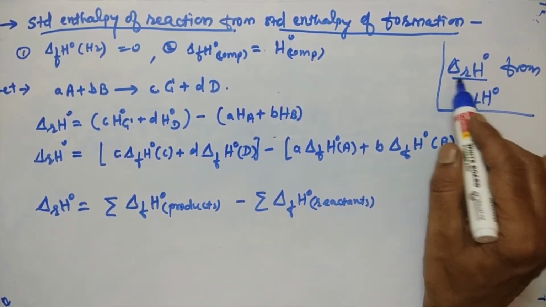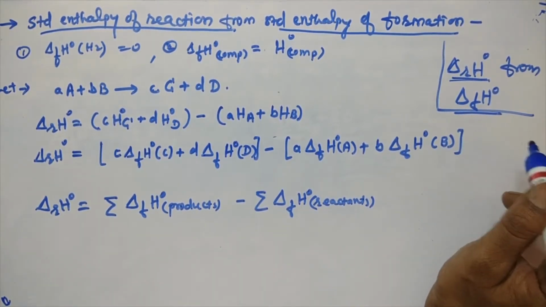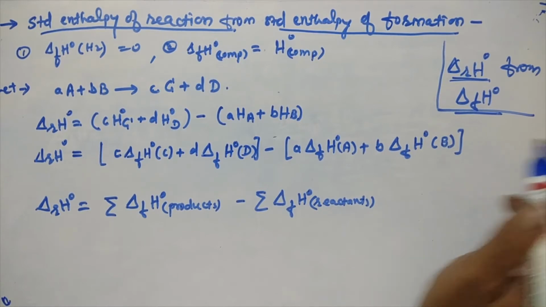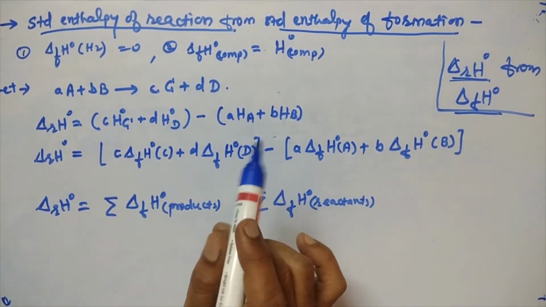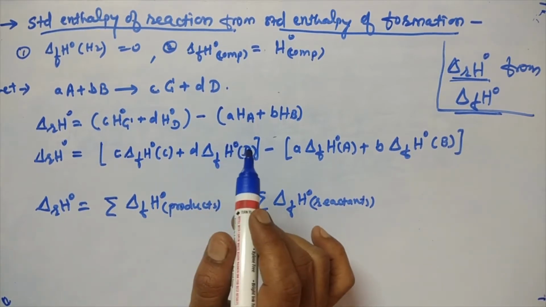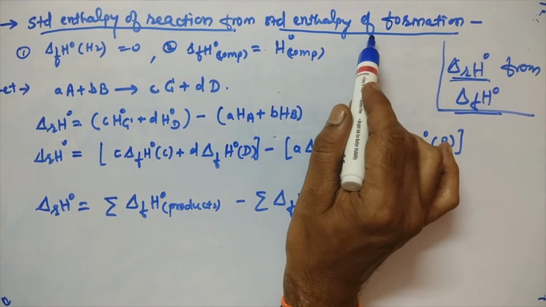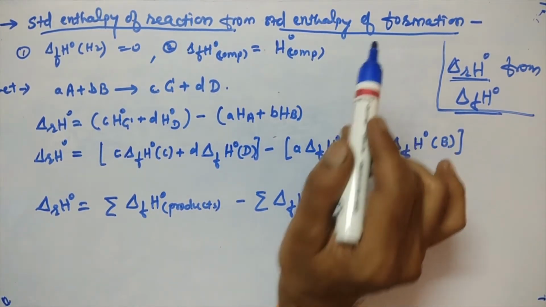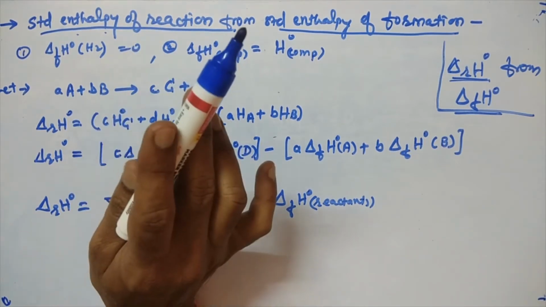In a chemical reaction, the standard enthalpies of formation of compounds are used to calculate the standard enthalpy of a reaction.